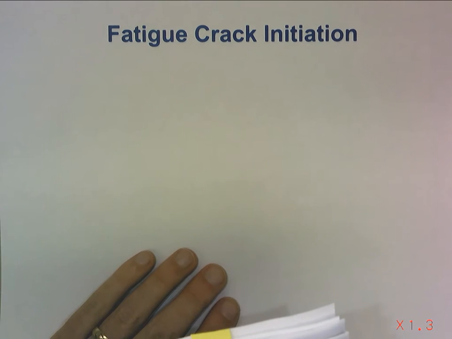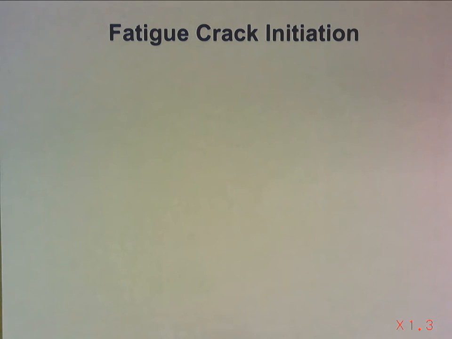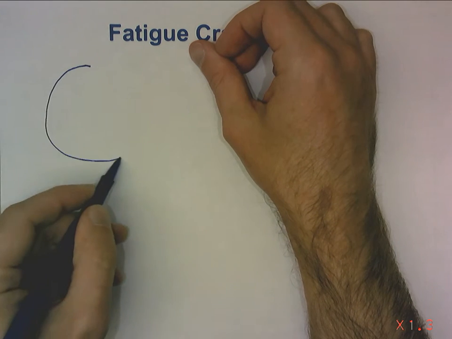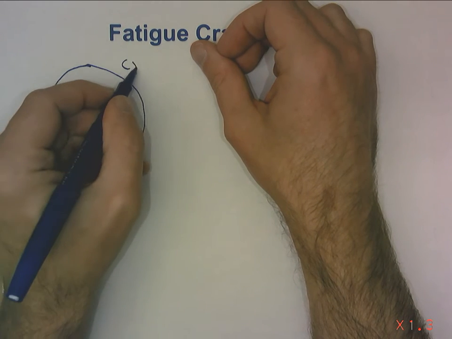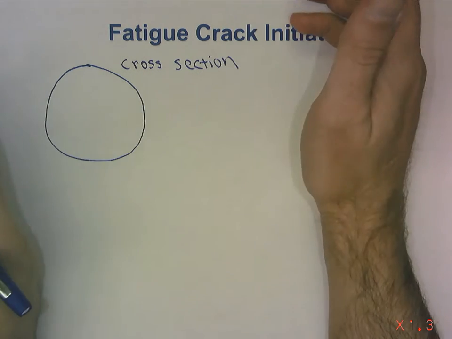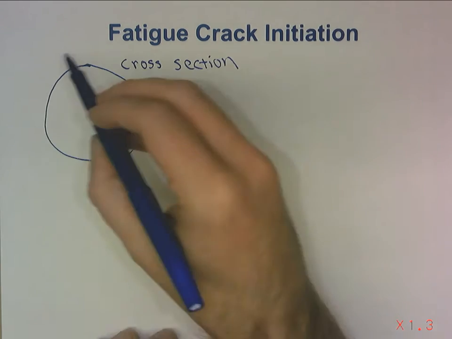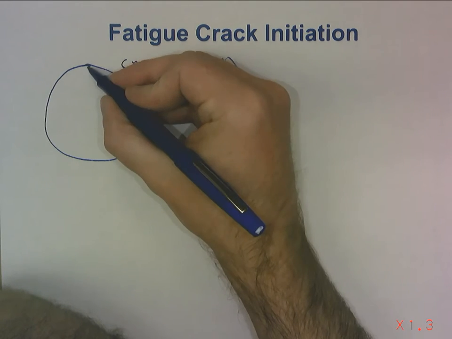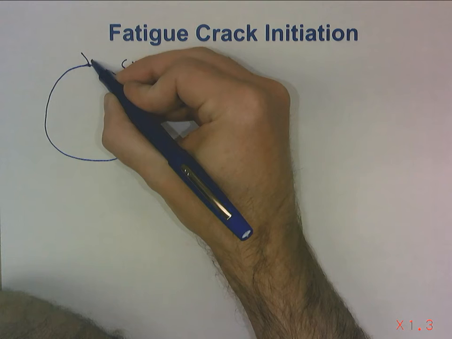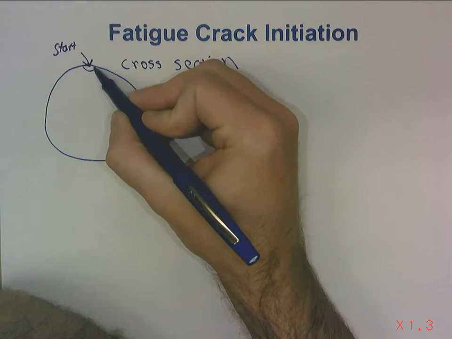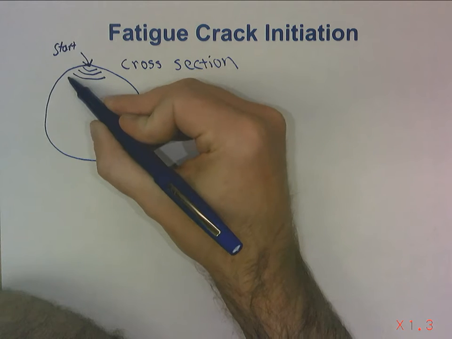So initiating the start of a fatigue crack, which will start our failure, I'm just going to draw a round cross section, because most of our fatigue failed examples are in round parts, bolts and shafts. We will end up with some type of start point, and our crack will grow and radiate out from there.